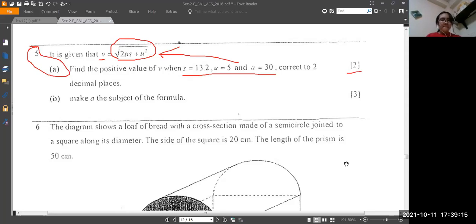Send over already? Yeah. Okay. So you have 2 times, okay, so just verify your answer. Let's verify together. So you have this 2a is 30, yeah, correct. Then you have the s is 13.2, correct. And then plus the 5 square, which is 25. Then you square root it. So the answer is 29.